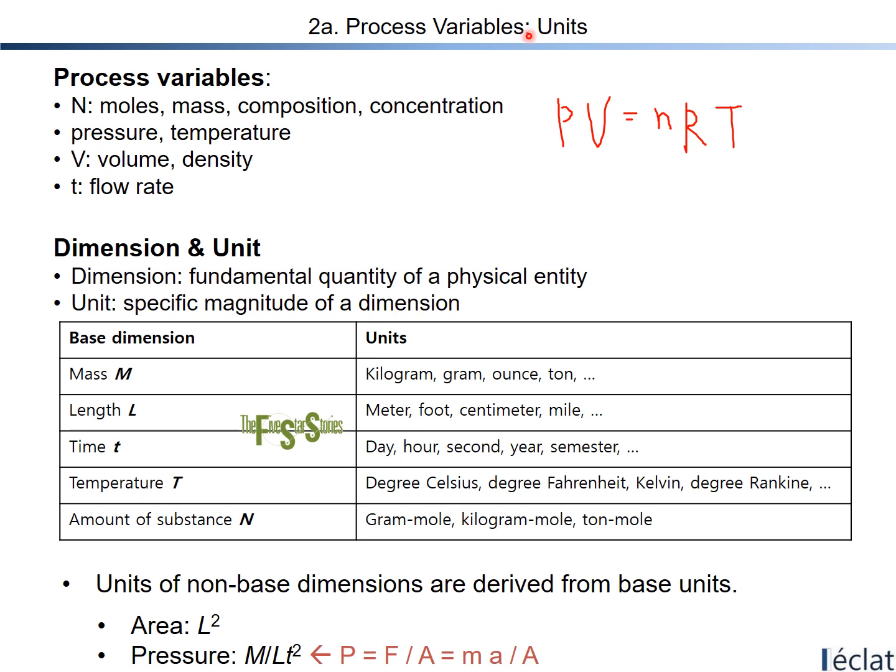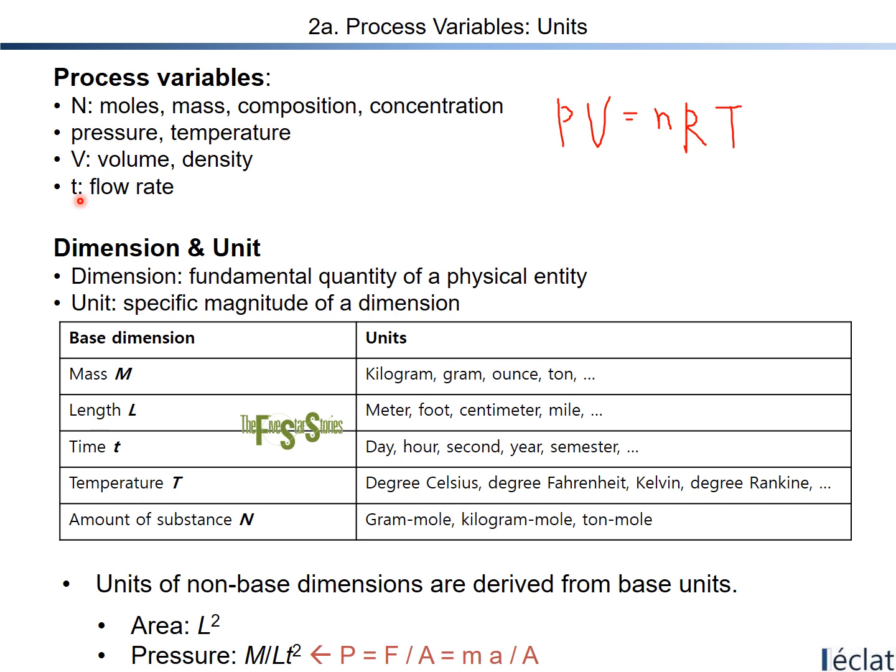The next thing is pressure and temperature, which are process variables. Also, the last one in the ideal gas law is volume. Volume related variables include, of course, volume and also density. Density is the mass per volume. Okay, that's it. And also plus one more thing, time.